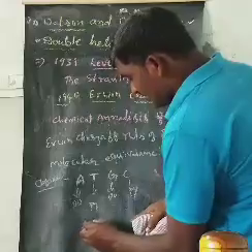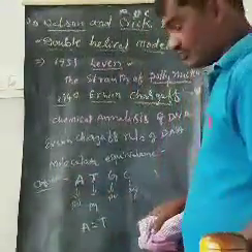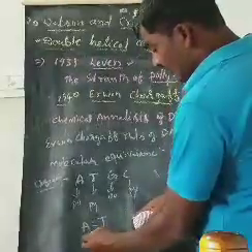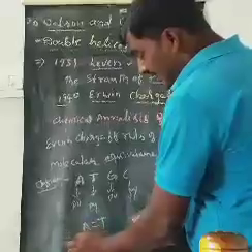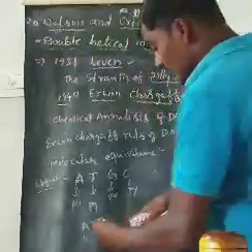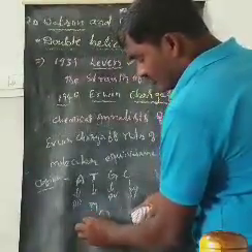So here the ratio: A is equal to T. Adenine is equal to thymine. Adenine is a double ring structure and thymine is a single ring structure.